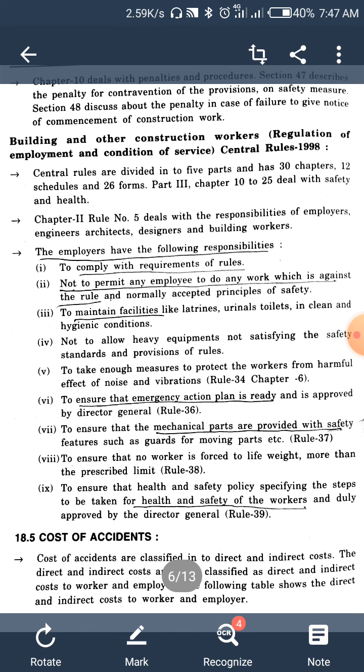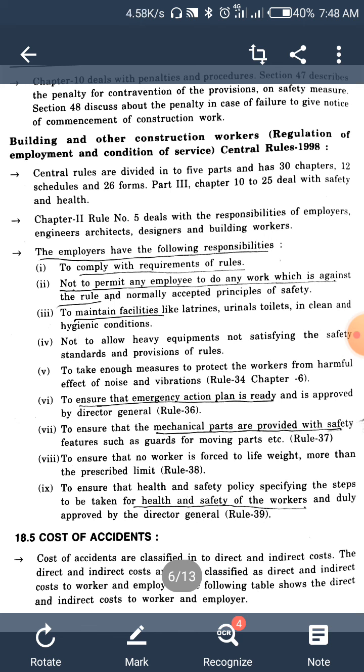Sixth is to ensure that the emergency action plan is ready and approved by the Director General. Seventh is to ensure that mechanical parts are provided with safety features such as guards for moving parts, and to ensure that no worker is forced to lift weight more than the prescribed limit.